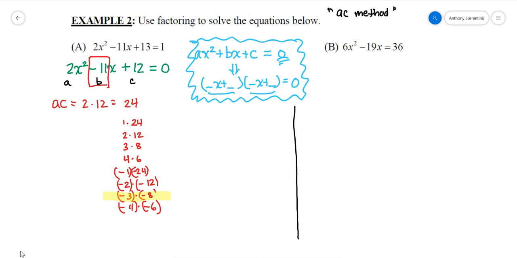So I could rewrite this up here as 2x squared minus 3x minus 8x plus 12 equaling 0. Because the AC method transforms this into a situation where I could use another method known as group and factor.